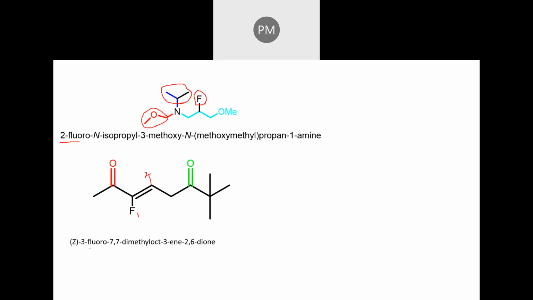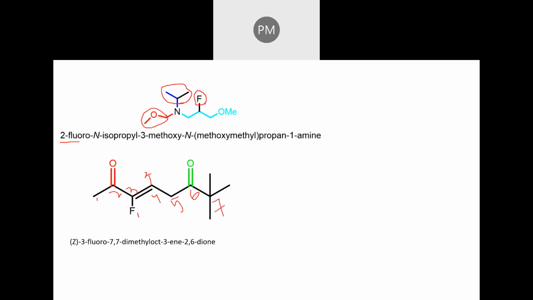will have a fluoro group at the 3 position, 3-fluoro. At the 7 position there will be dimethyl. Starting from here, 1, 2, 3, 4, 6, 7.